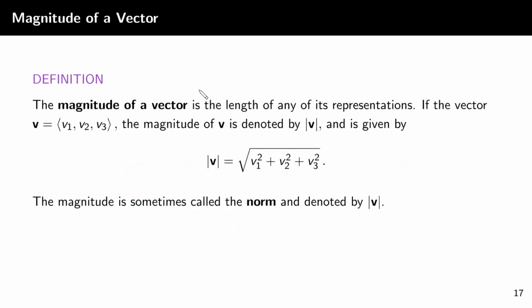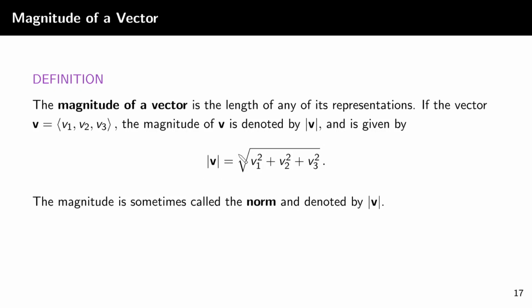Now, let us formally define what we mean by the magnitude. So, the magnitude of a vector is the length of any of its representations. Now, if the vector is given by V, with components V1, V2, then the magnitude of V is denoted by this. This is identical to the absolute value symbol rather.